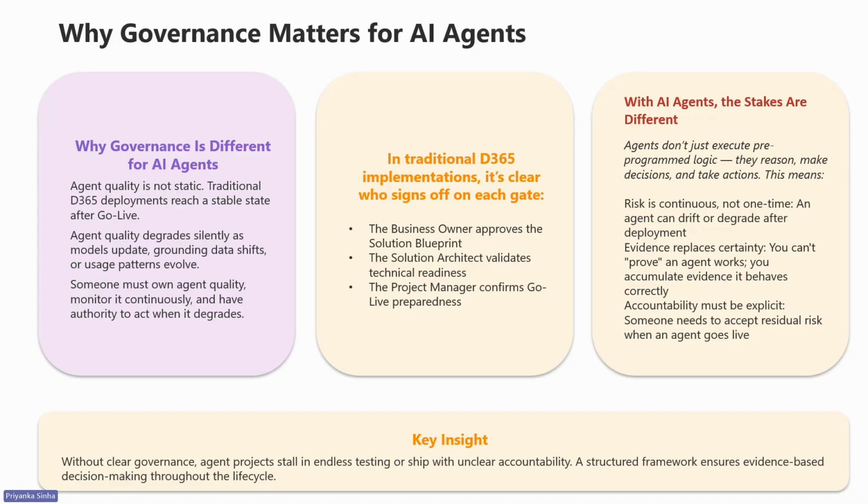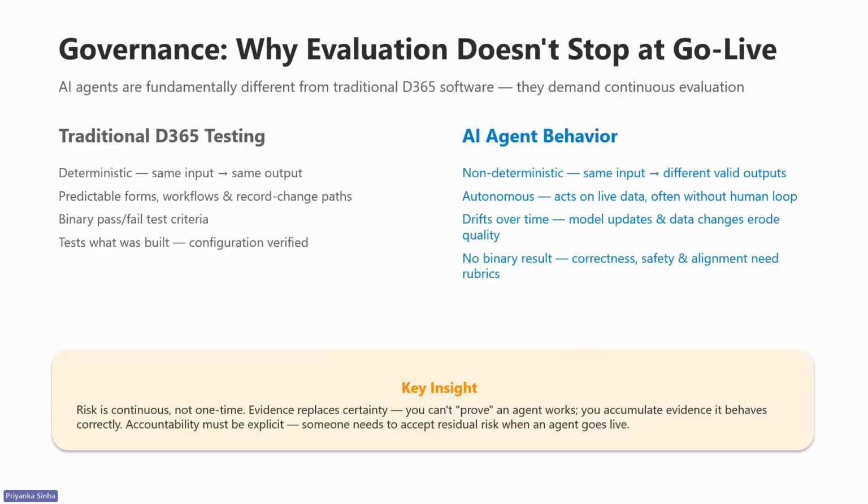Someone must own the agent quality, monitor it continuously, and have authority to act when things go wrong. Without clear governance, agent projects either stall in endless testing because no one is willing to accept the risk, or they ship with unclear accountability and no plan for ongoing oversight. So that is why governance matters for AI agents.